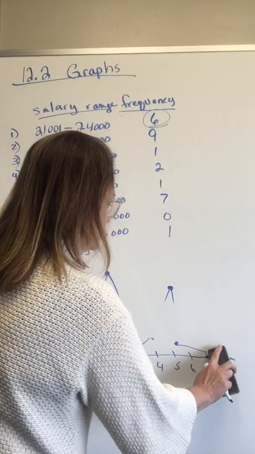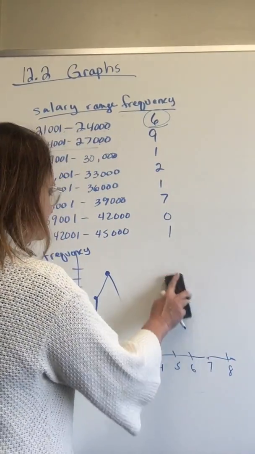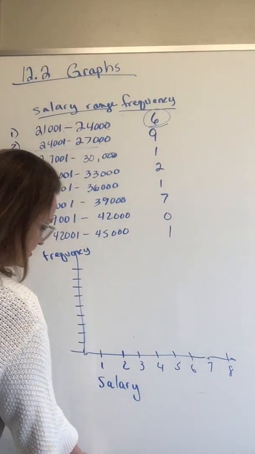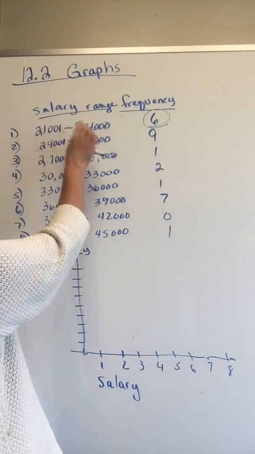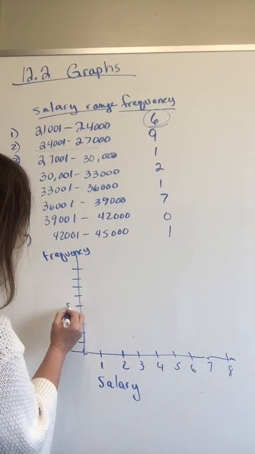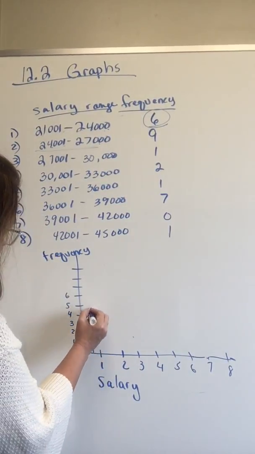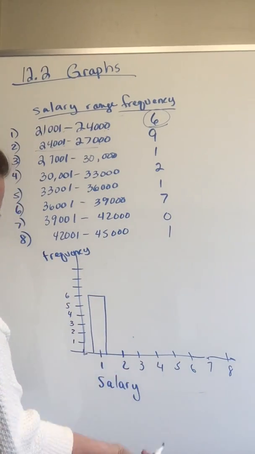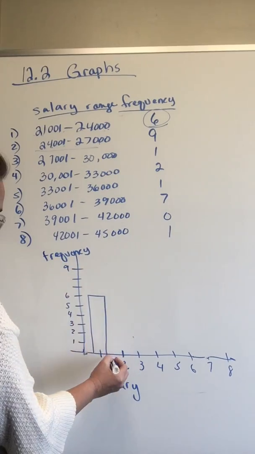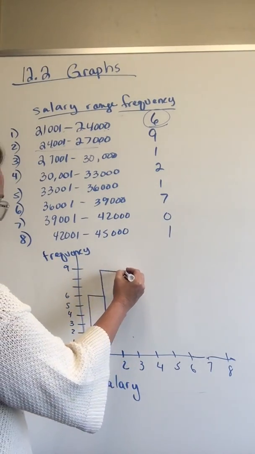And probably what you're more used to seeing is the histogram, or the type of bar graph where we draw bars around that. So instead of just making a dot, 1 was supposed to go up to 6. Let me draw this in so I can see better. There's 6. So for 1, up to 6, I draw a bar around that. And then 2 was up to 9, so for 2, we go all the way up to 9.